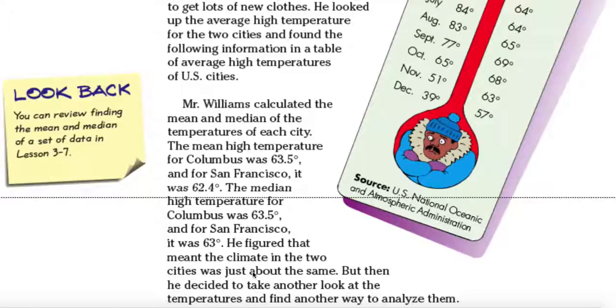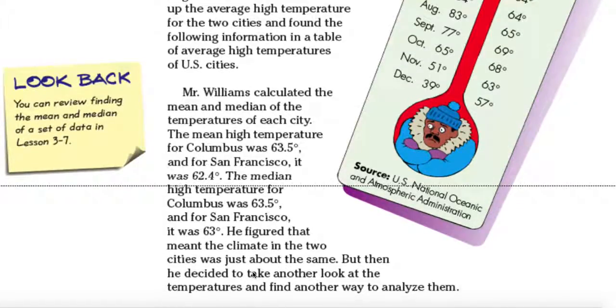But then he decided to take another look at the temperatures and find another way to analyze them. So Mr. Williams actually looked at the mean and median, and there was no mode, so he looked at those methods of finding out the average temperatures for Columbus and San Francisco, and he found that they were almost the same.